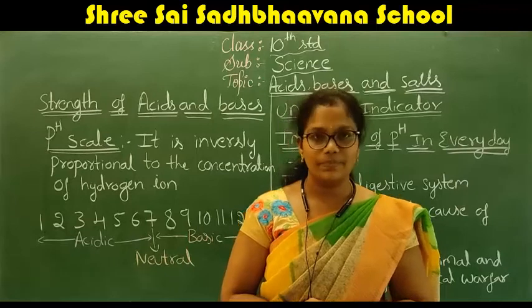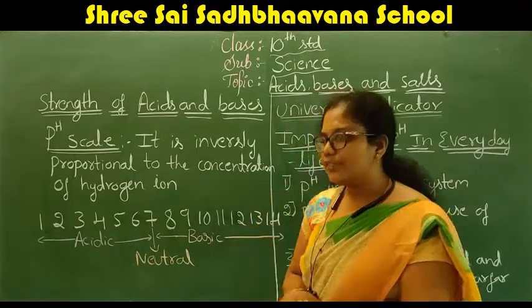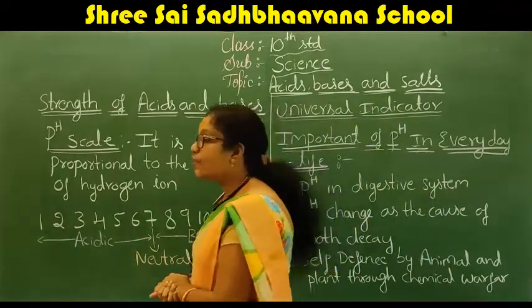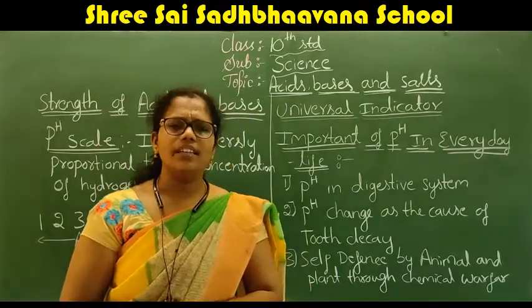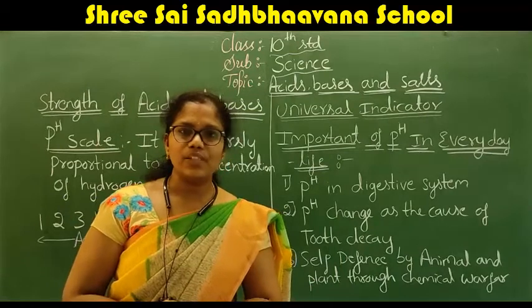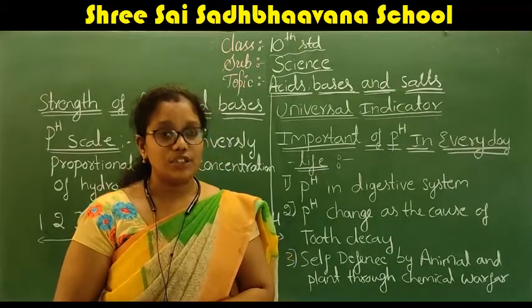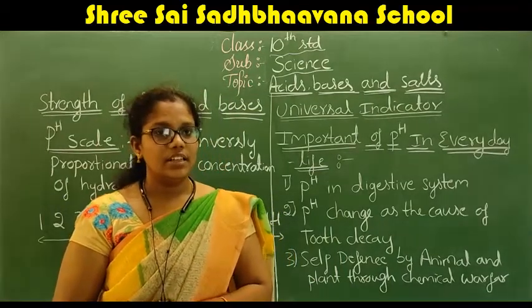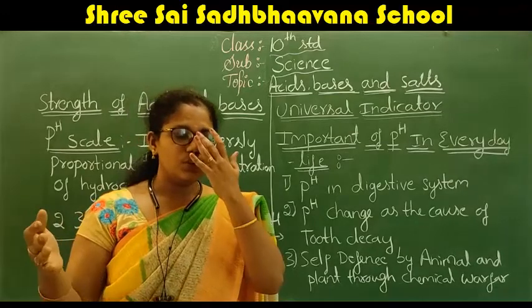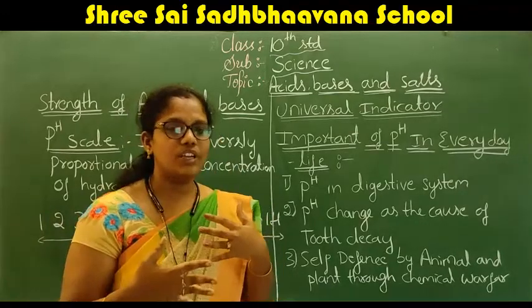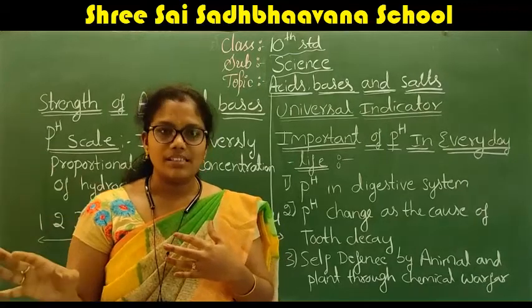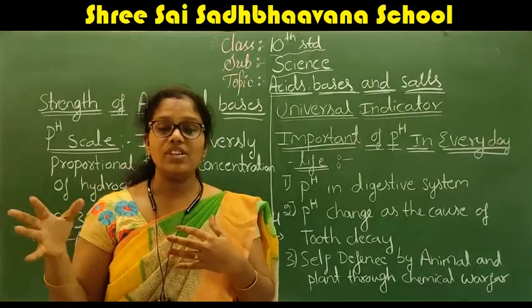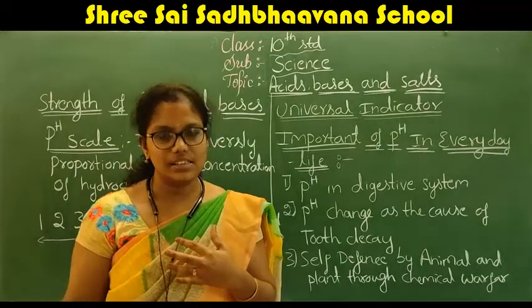And not only in the soil, if you see in the water bodies or aquatic bodies also, if the pH increases, what happens? All the fishes are dying. If the waste products of industries are directly passed into the water system, the pH level of the water increases.